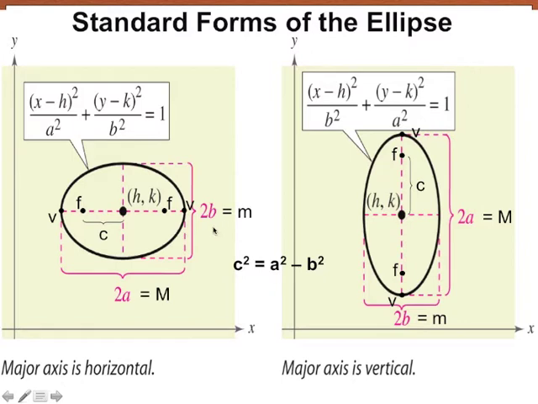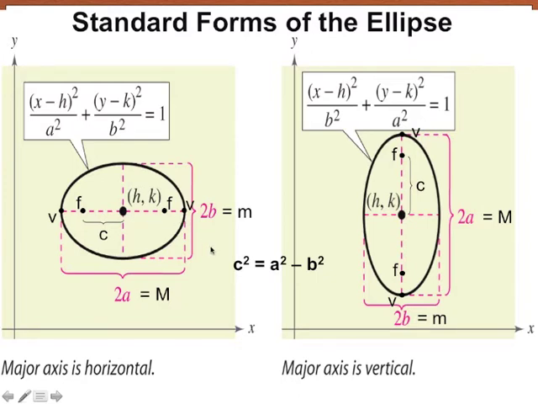And b, by definition, is half of the minor axis. So, of course, 2 times b is little m, the minor axis. So then b is simply this distance from the center to one of the ends of the minor axis, just as a is the distance from the center to one of the ends of the major axis.